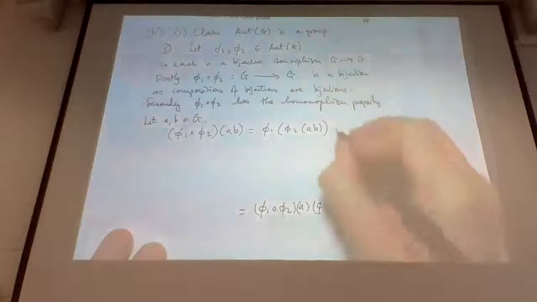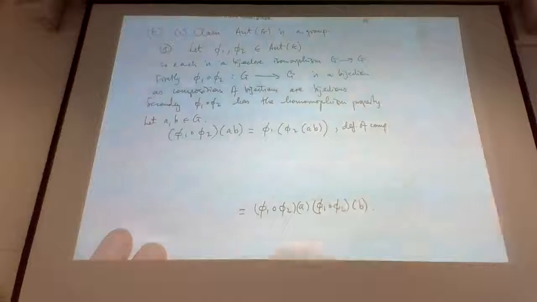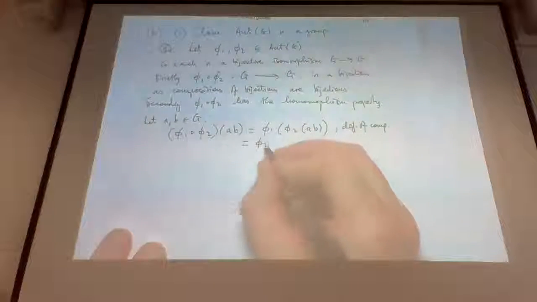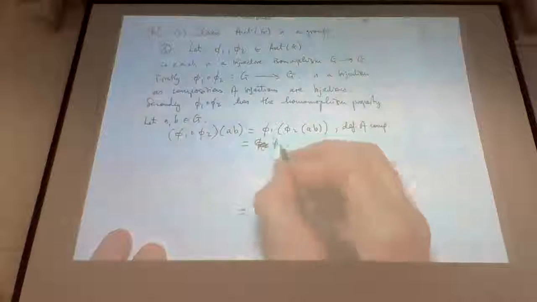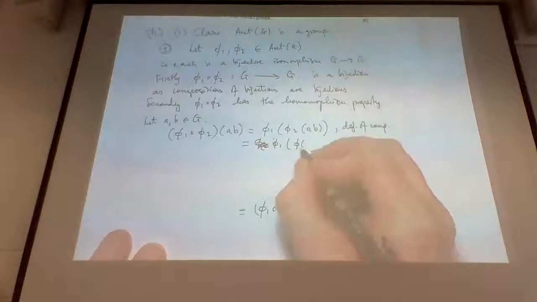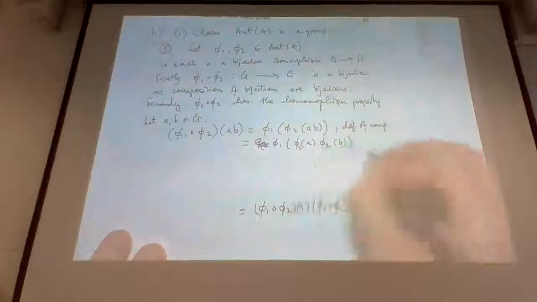Then the homomorphism property of phi2 says this is phi2 of a times phi2 of b.